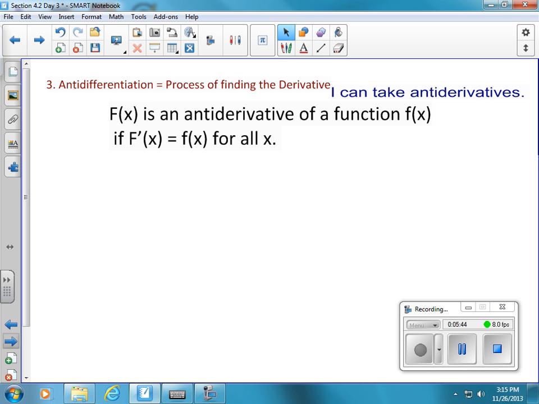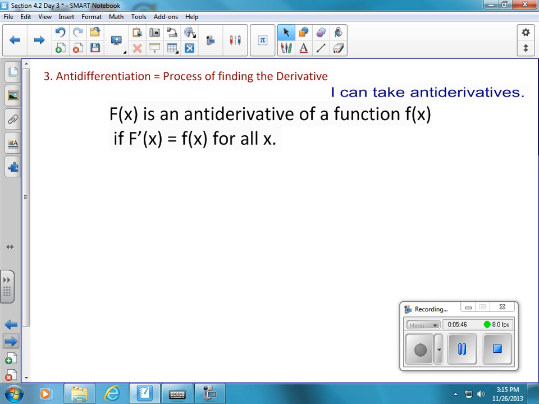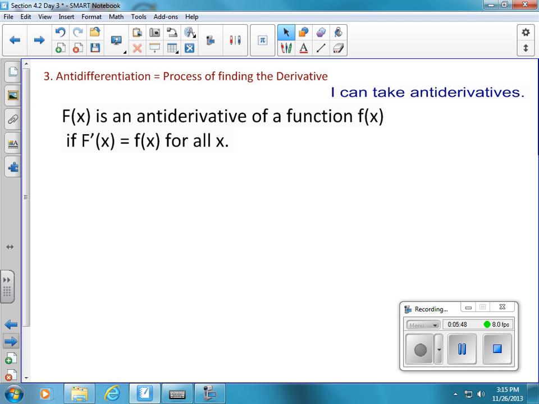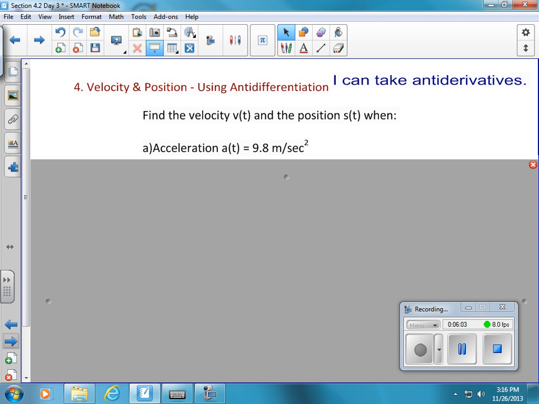Anti-differentiation is the process of finding antiderivatives. This is just kind of defining what we've just done. So they call this f prime of x is equal to the antiderivative for all x. Okay? All right, let's look at this using velocity and position.